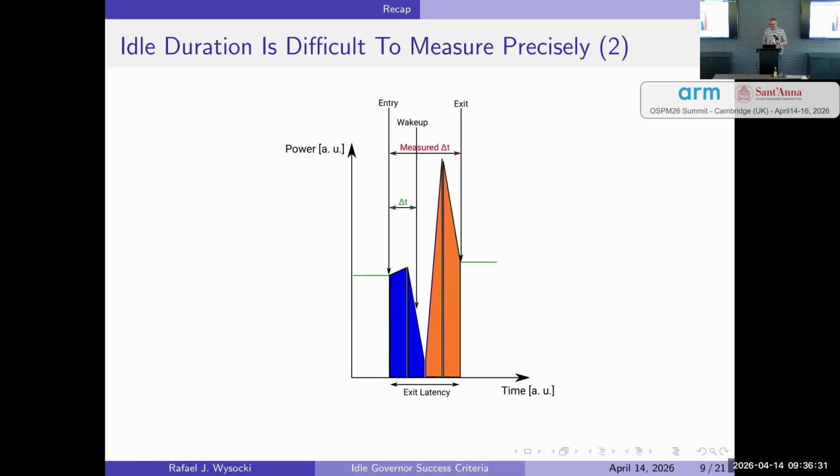And if you go past the point of no return, you have to do the whole entry and then exit, and that's the latency you will experience. Obviously, no energy is saved at all in this case. And again, the whole idle duration in this case is the exit latency, in fact. And it is again taken into account in the same way as before.